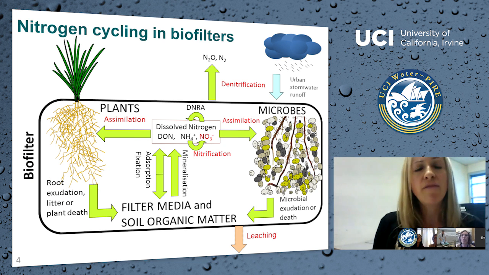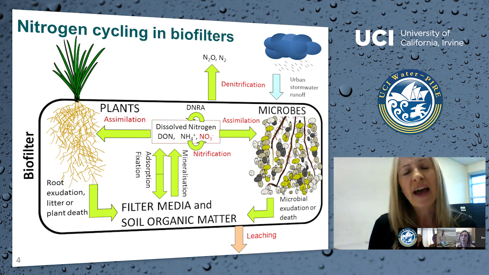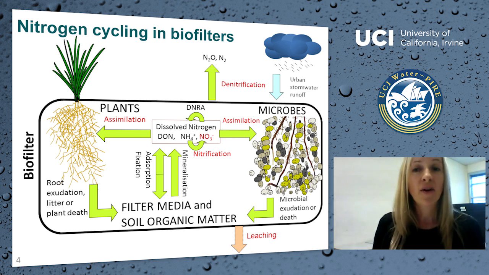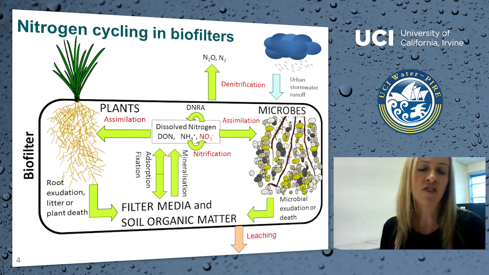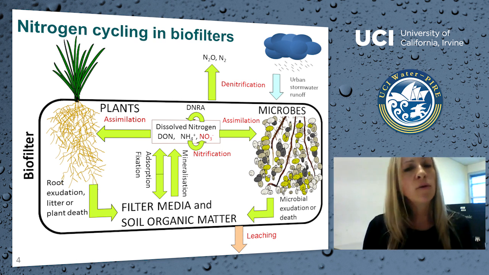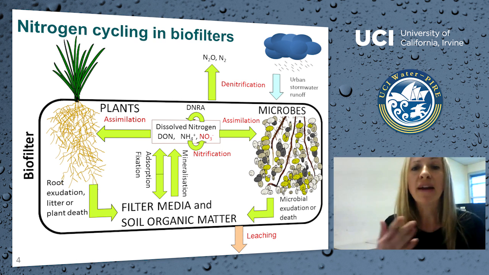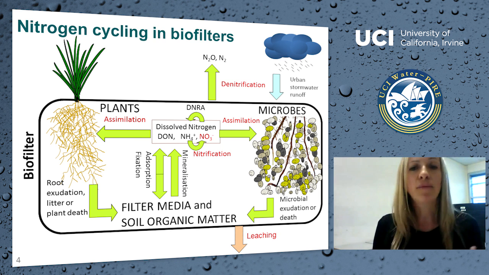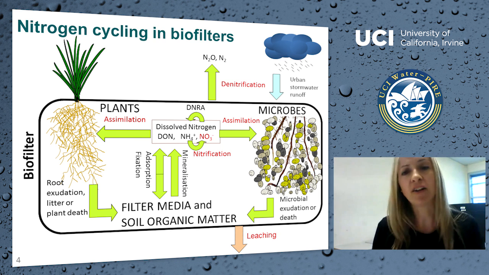So on slide 4, just looking at the nitrogen cycle within these systems, nitrogen removal is complicated by the various inorganic and organic forms of nitrogen, the different transformation processes that can occur, and also the potential for nitrogen to be recycled via the plants and then decomposition processes that act to re-release nitrogen.